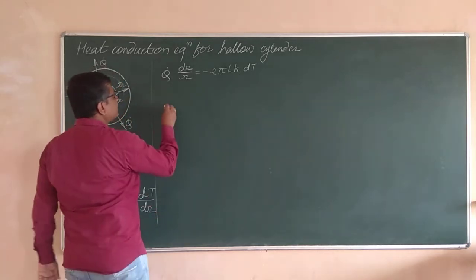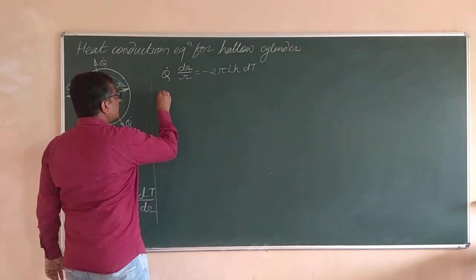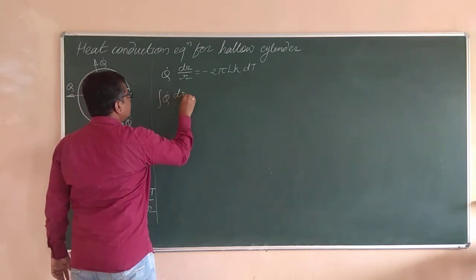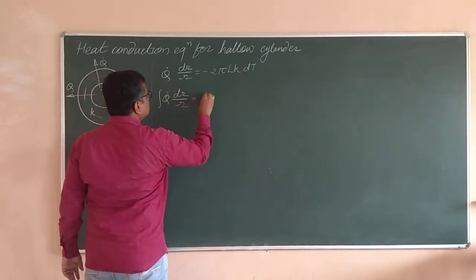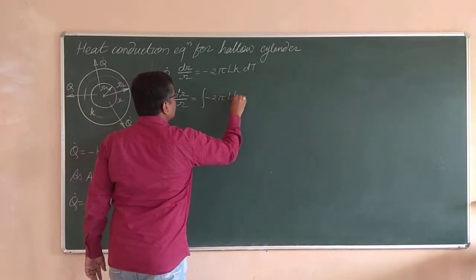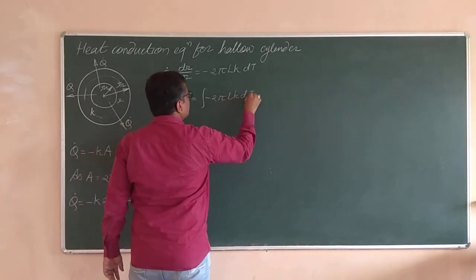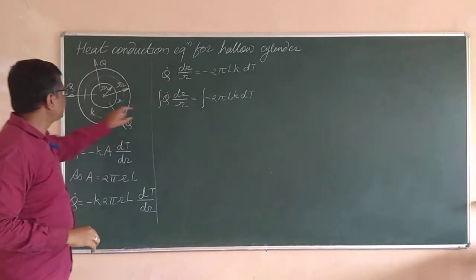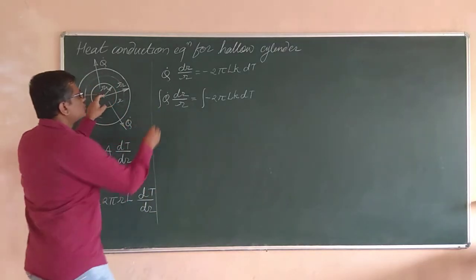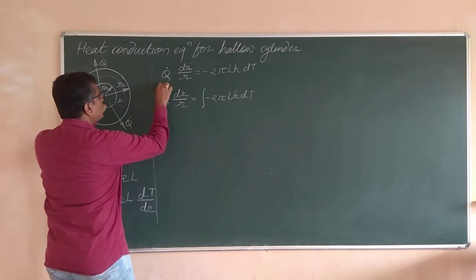Now integrate it. The integral of Q dot dr by r equals the integral of minus 2 pi L K into dT. Now what are the limits for the integral? The minimum value of r is r1, so it changes from r1 to r2.